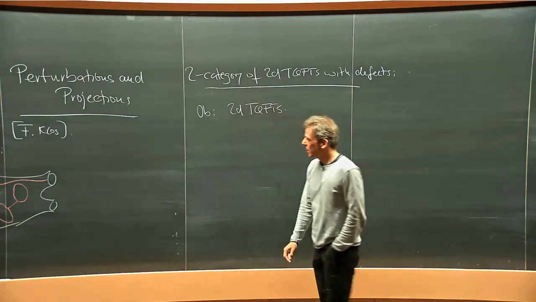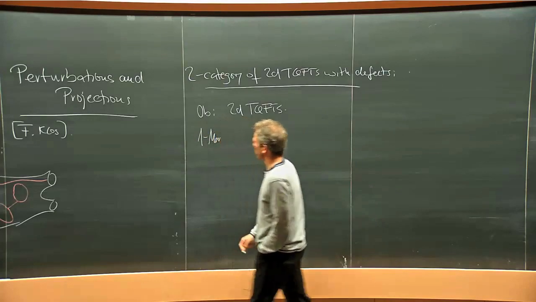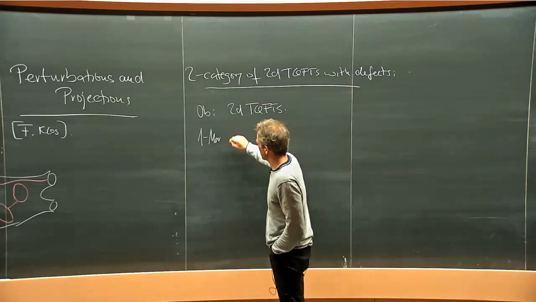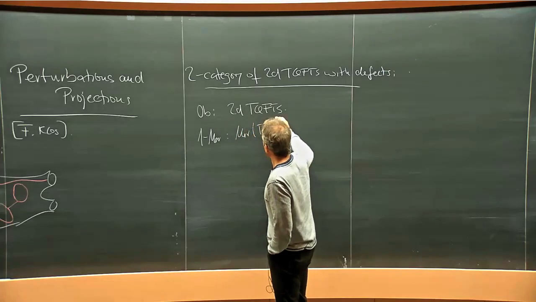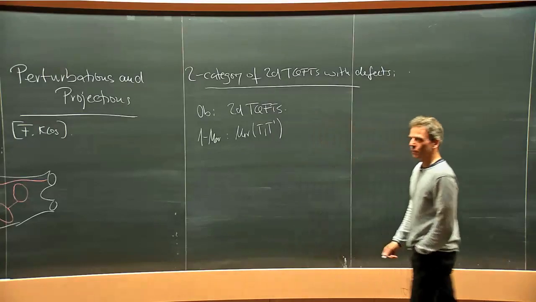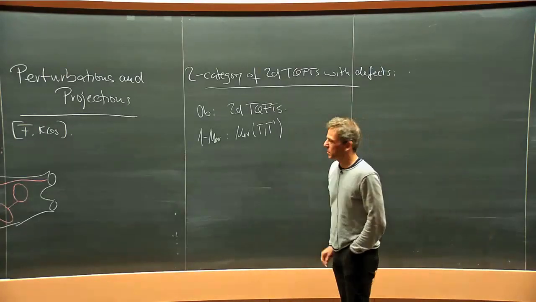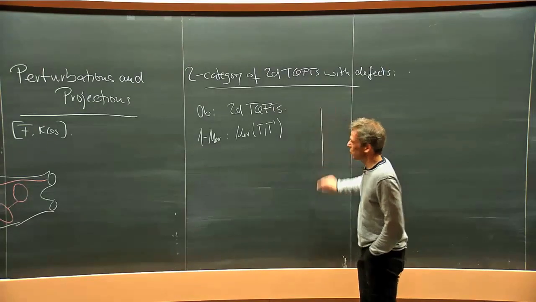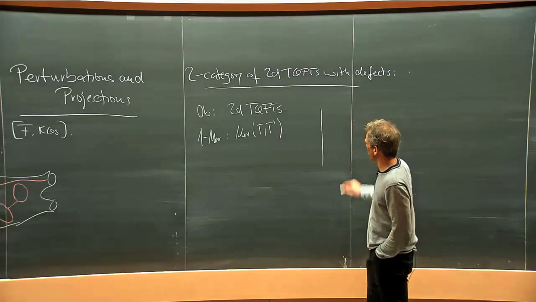These are the objects. Then there are one morphisms between two objects, so Mor of T, T prime. So these two T and T prime are now two possibly different two-dimensional topological quantum field theories. And these morphisms are just the defects which connect possibly these two different quantum field theories.